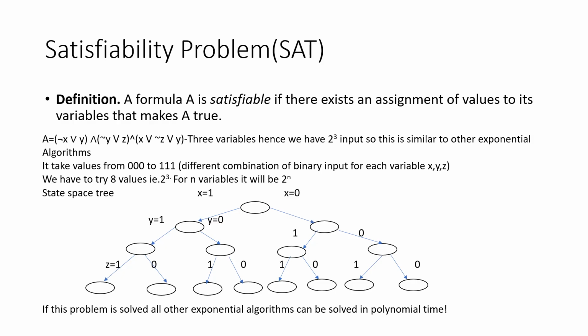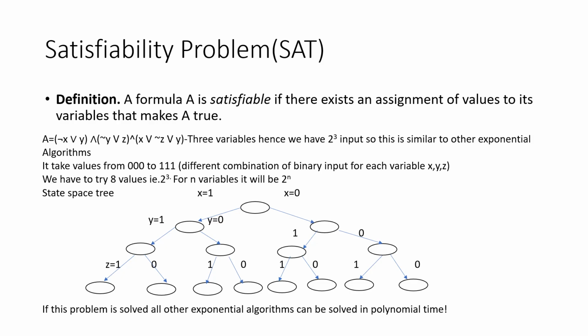For example, I've taken three variables: x, y, and z, and each variable can take a binary input, either 0 or 1. We will not know what the input will be. So x may take 0 at one time and 1 at another. y may take 0 at one time and 1 at another. Similarly z also. So possibly we'll have 2 power 3 inputs.